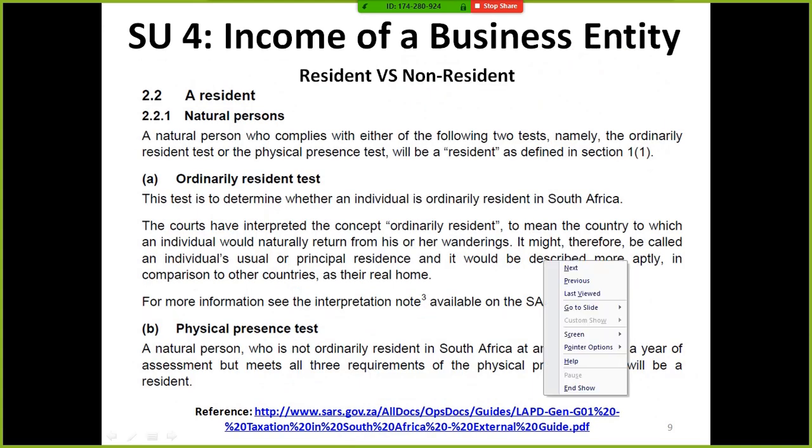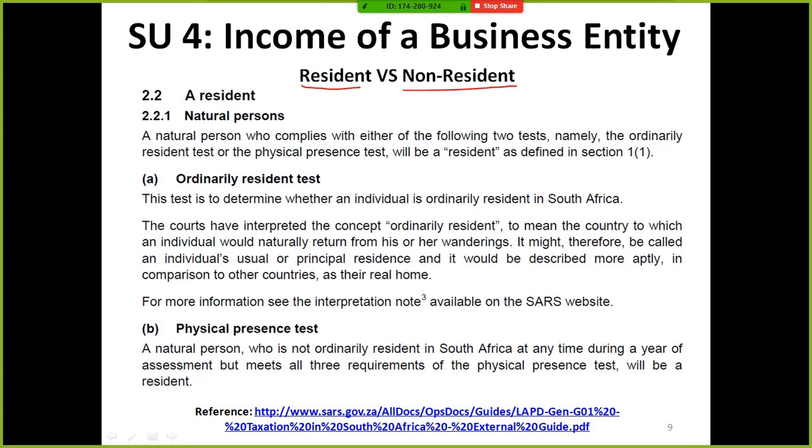So here's some theory regarding residents and non-residents. If I'm looking at a resident, a natural person, remember natural, you and I, individuals, people. Can a person be considered a resident? Yes, and there are two scenarios. Scenario one, ordinarily resident, and scenario two, the physical presence test.